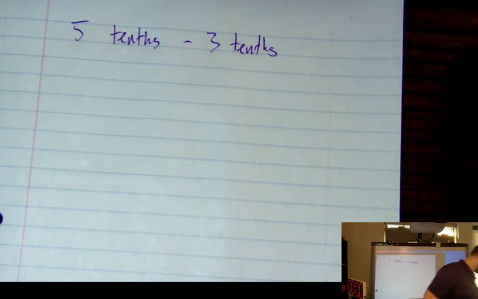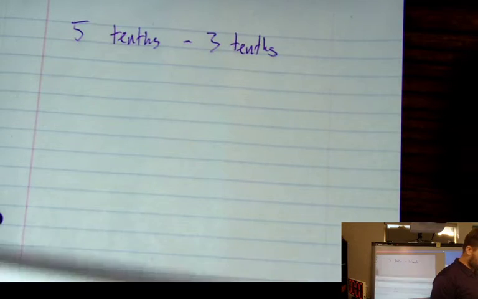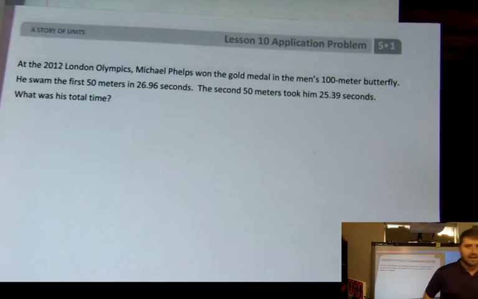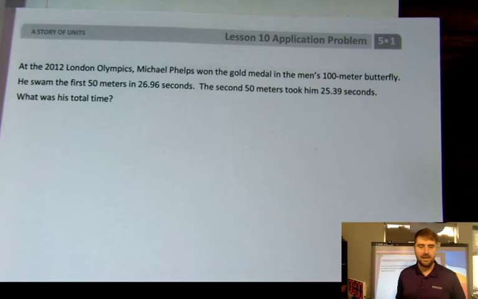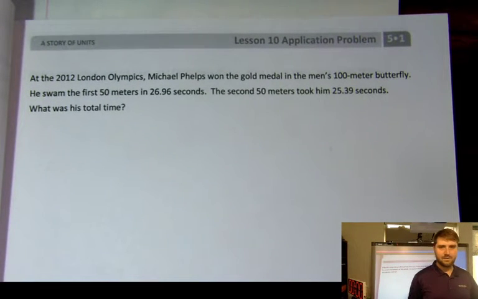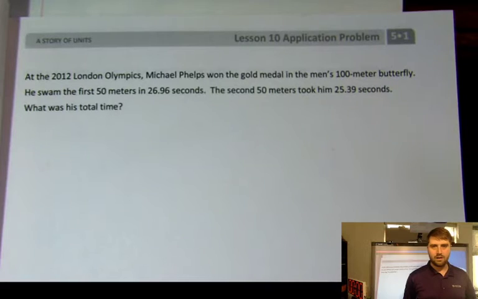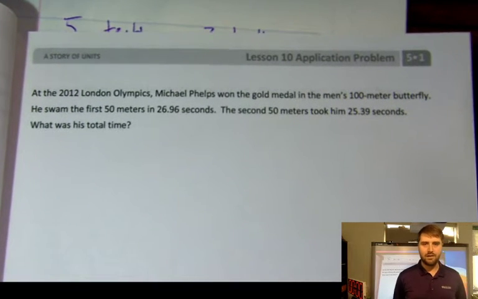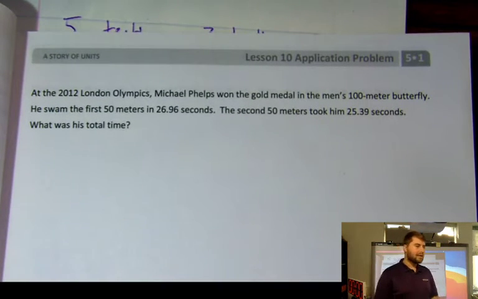Before we begin that though, we are going to start with our problem of the day. Let me zoom in just a little bit more. All right, so this is our application problem today, the problem we are starting with.